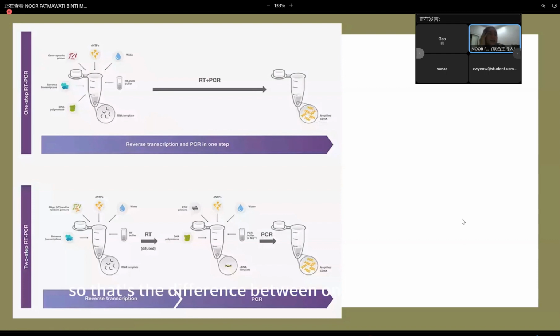So that's the difference between one step and two step real-time PCR, reverse transcriptase real-time PCR. Okay? Because if you say real-time PCR without the front reverse transcriptase, that real-time PCR can measure both. The template can be DNA.